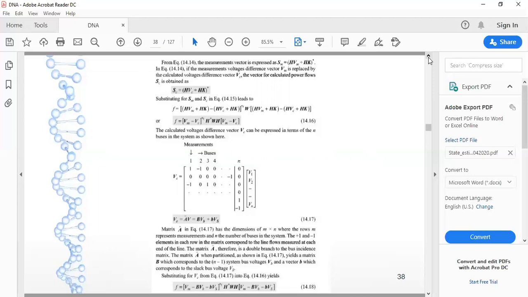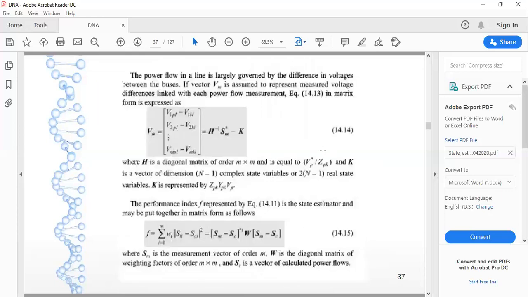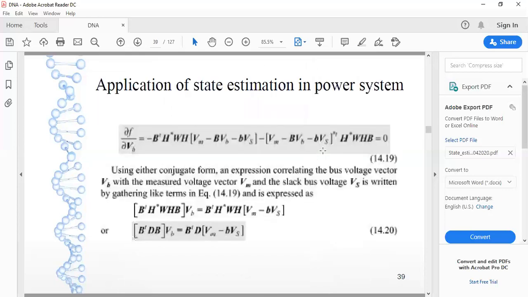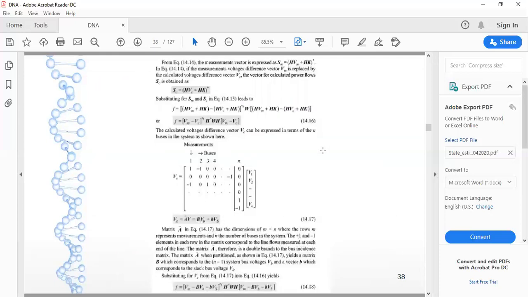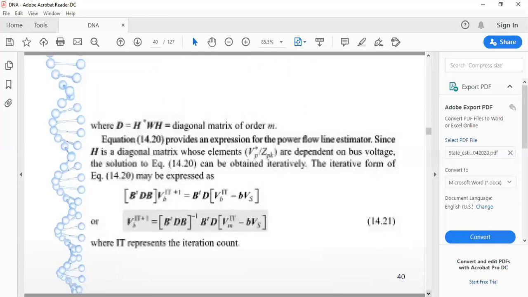How did we form the H matrix? It is nothing but by this equation, Vz divided by ZPK. So by determining H, we can derive the value of D, and by using this equation, we can derive the value of bus voltages. We can increase and decrease the iteration count.